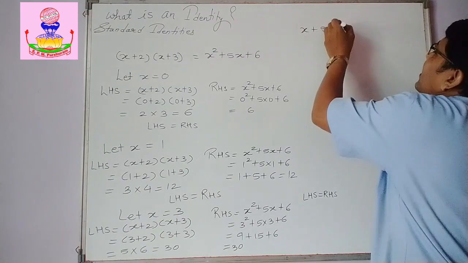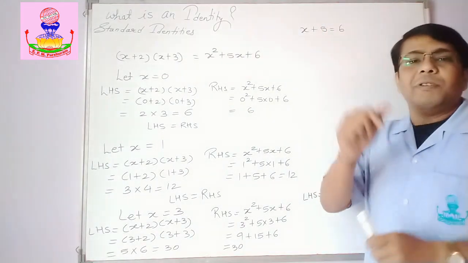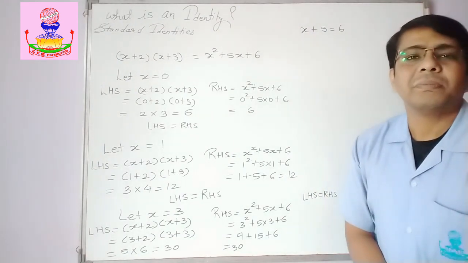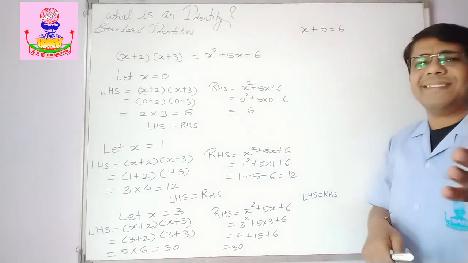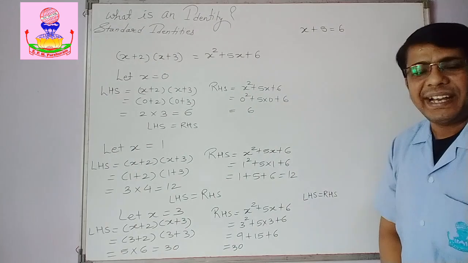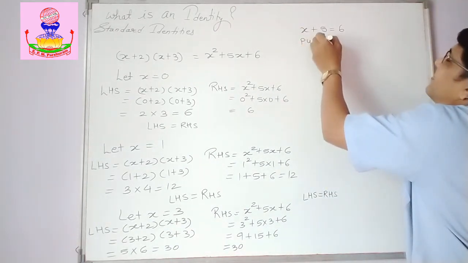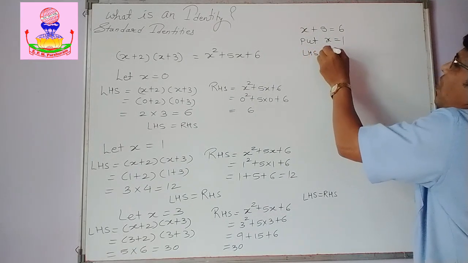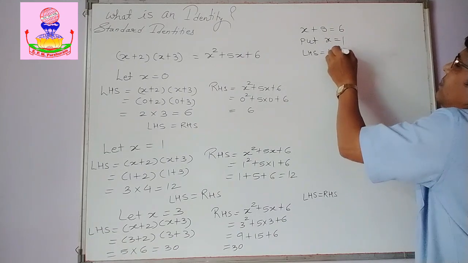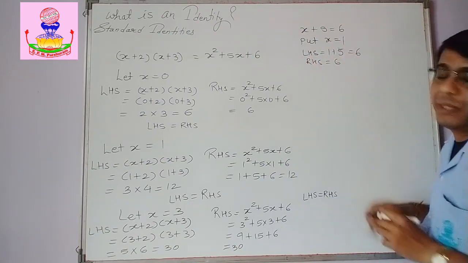But suppose I have this equality, x + 5 = 6. What will be the value of x here? Definitely you will say, oh sir, the value of x is 1. Am I right? Yes. See here. Put x equal to 1. So LHS is 1 plus 5, that is 6.